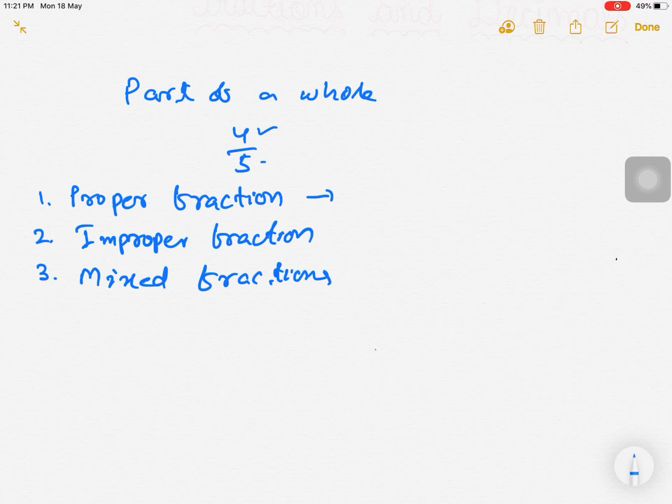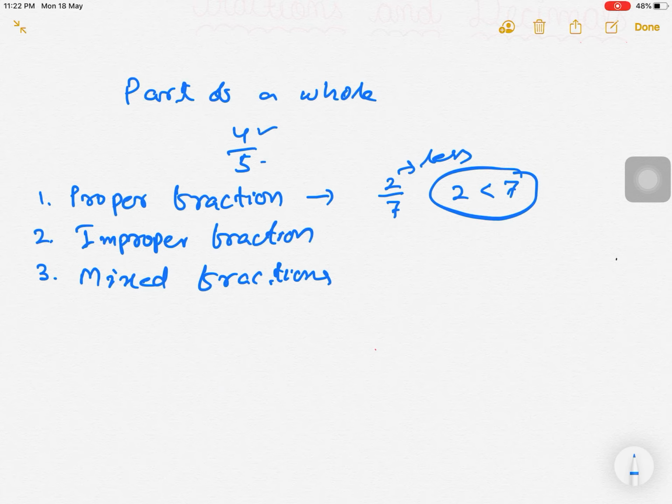And what does proper fraction mean? When we have the numerator less than the denominator. When I write 2 by 7, here 2 is the numerator and 7 is the denominator, and 2 is less than 7. So when the numerator is less than the denominator, then we say that it is a proper fraction.